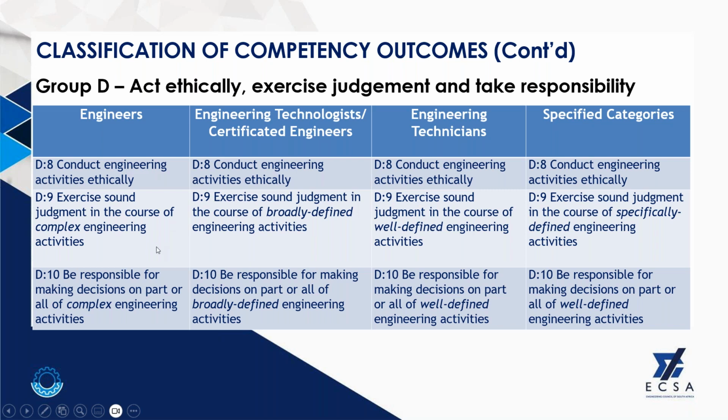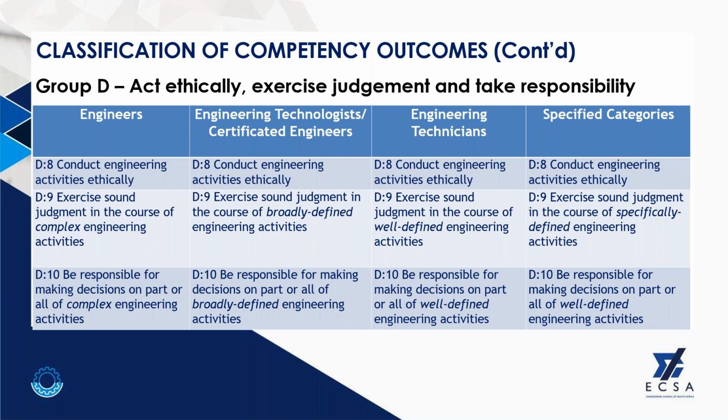And then outcome number 9, D9, because we are on Group D: exercise sound judgment in the course of complex engineering activity. As a registered person or as a registered individual, you will need to know how to exercise sound judgment.